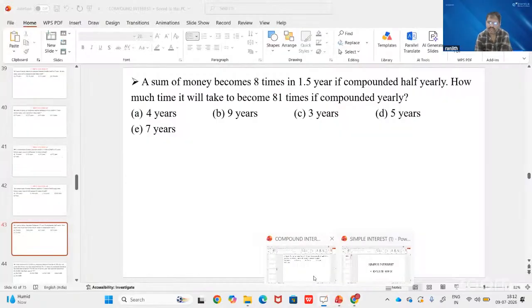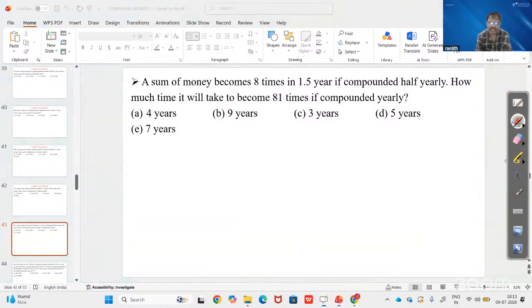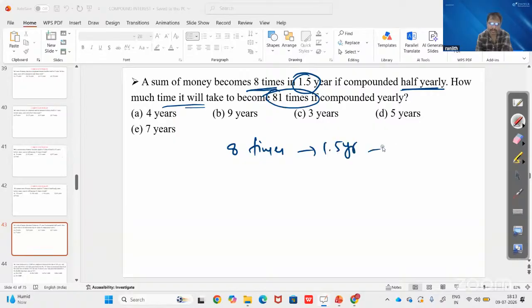So here, the sum of money becomes 8 times in 1.5 years compounded half-yearly. How much time will it take to become 81 times? 1.5 years is nothing but half-yearly 3 times.